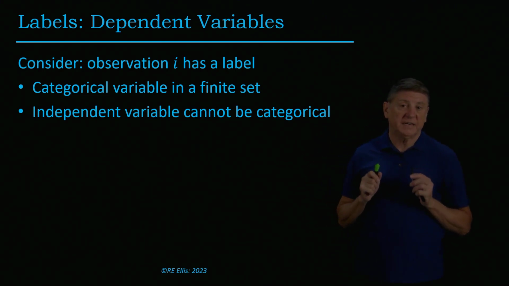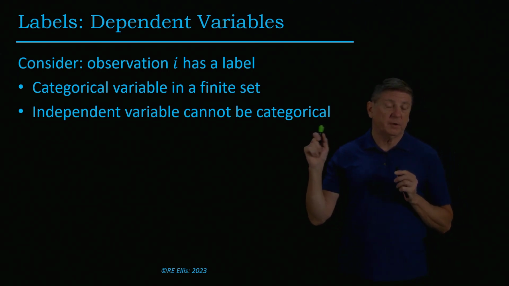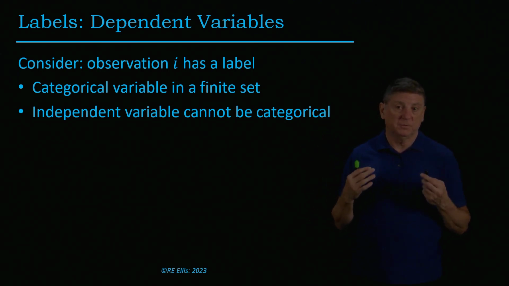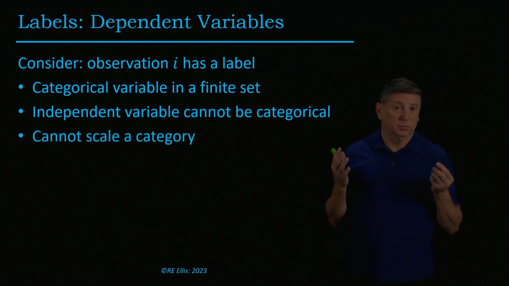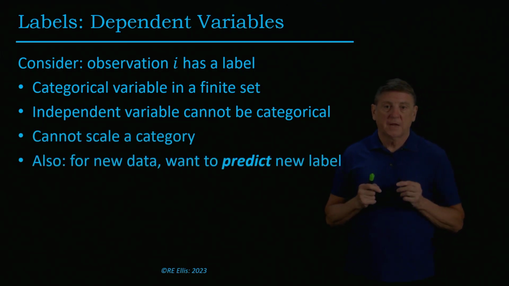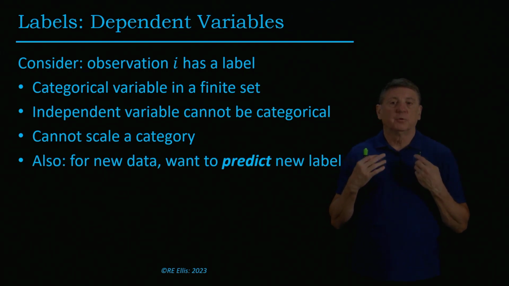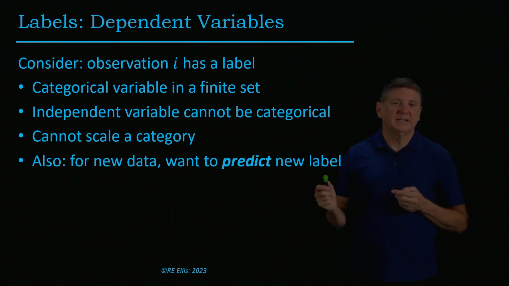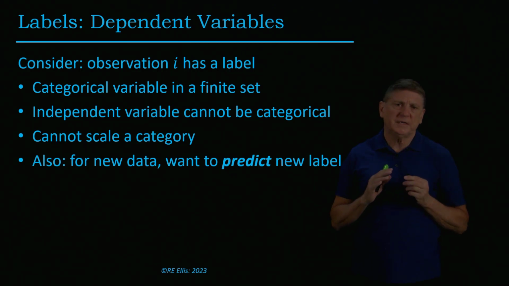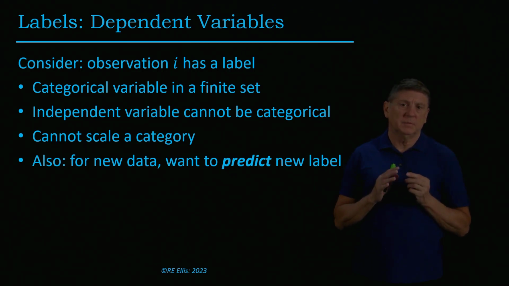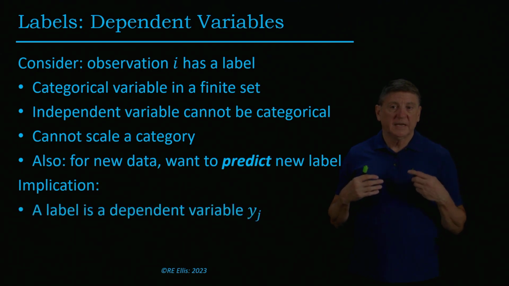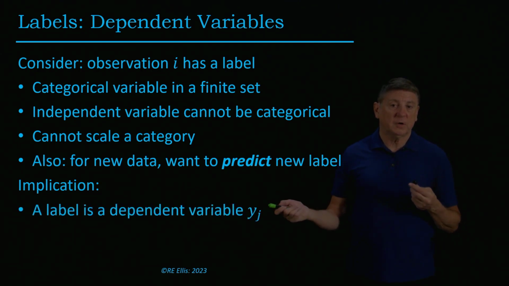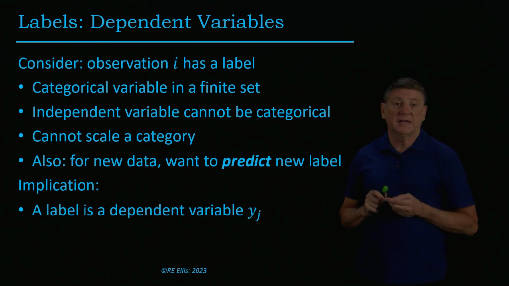That's the way that we've set everything up: independent variables are part of observations and vectors. And we can't scale a category, so we're sort of stuck with these labels. And the point is that for new data we want to predict, and it's really not a new label, we want to predict what class new data fall in. So the implication for all of this is a label is a dependent variable, and we'll denote this dependent variable as y.